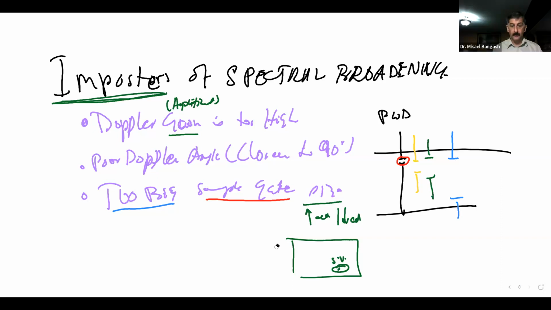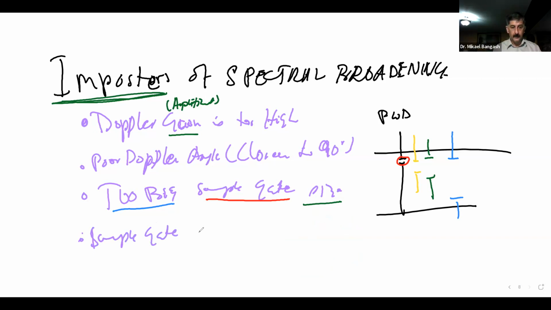Now, the last imposter of spectral broadening is that this same sample gate here is too close to the vessel wall.